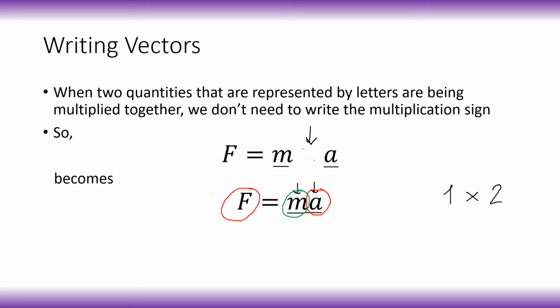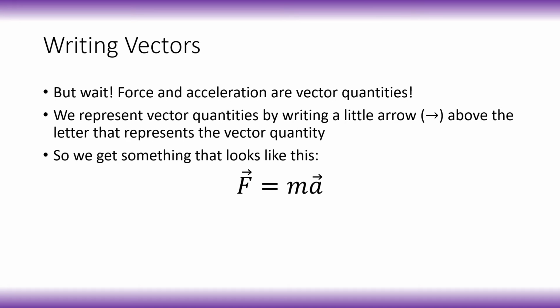And you're not supposed to draw circles around all your stuff all the time, and you don't have to use different colors all the time. I'm going to show you the notation now, I think it's on the next slide, that we use for this kind of stuff. So force and acceleration, as we've been talking about on the past couple of slides, are vector quantities.